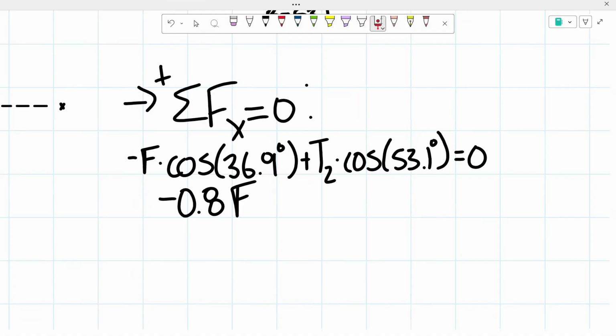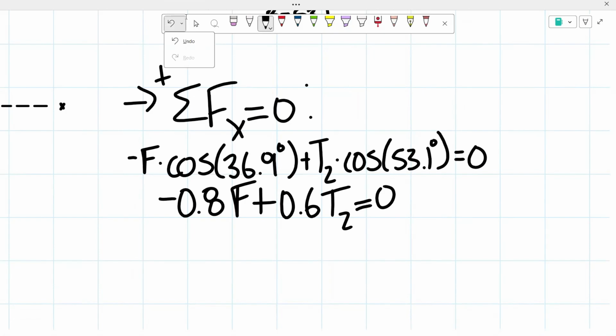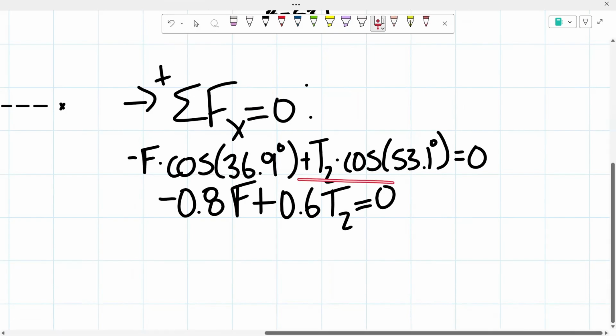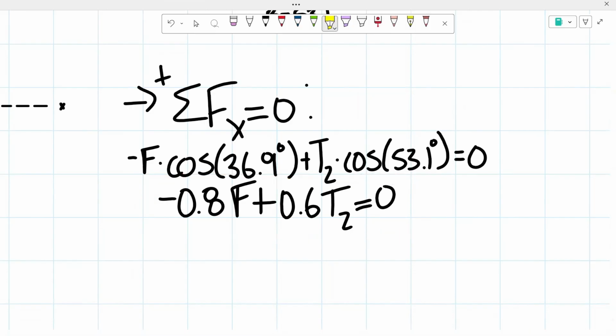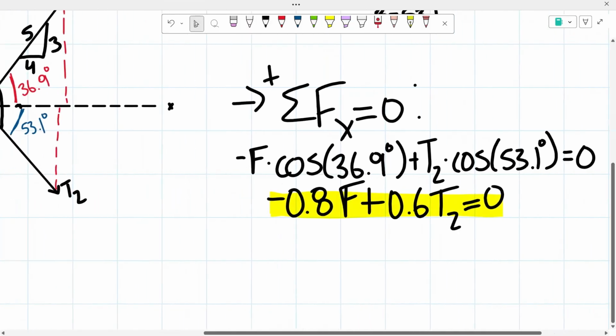Plus, if we input cosine of 53 into our calculator, we get plus 0.6 t of 2 has to equal 0. So that's the most that we can simplify this equation into. Now that we have that, we are going to move on to our y components.